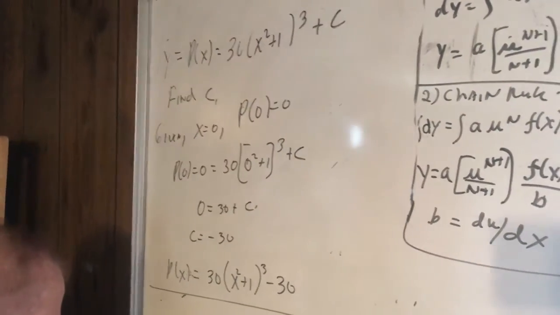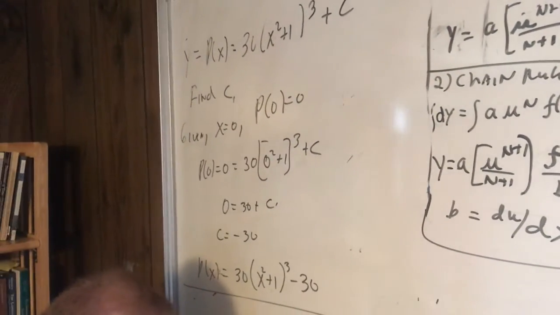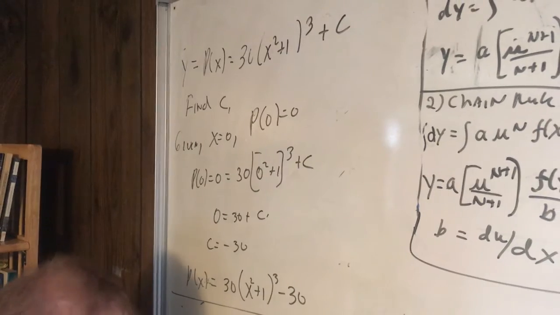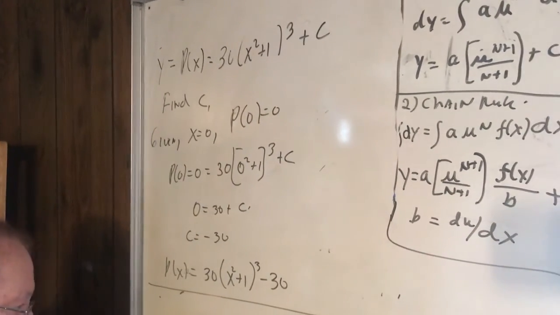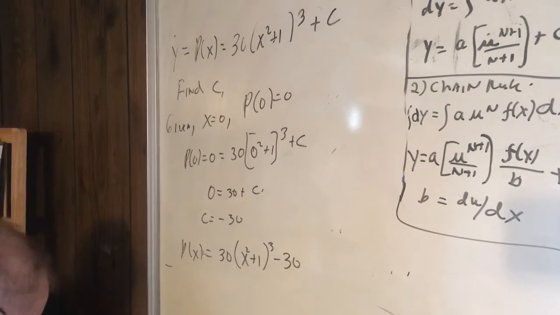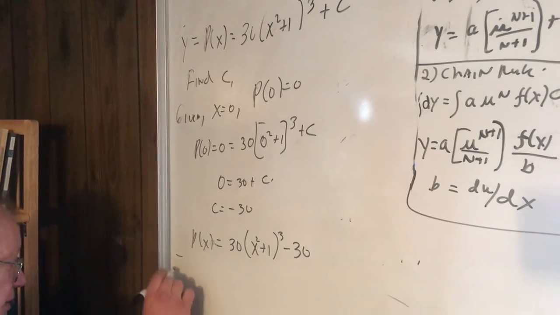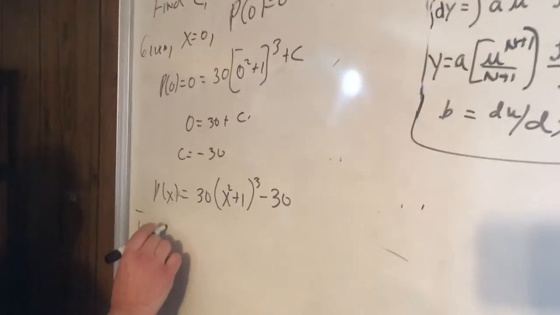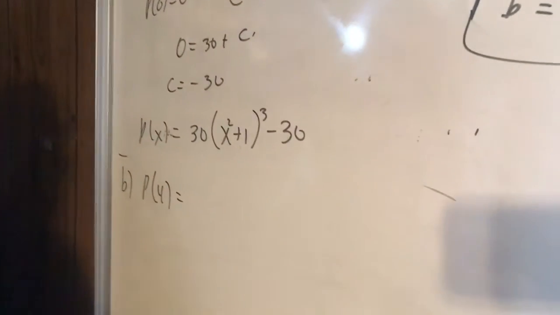Now what about part B? Part B says to find P when there are 4 bricklayers.